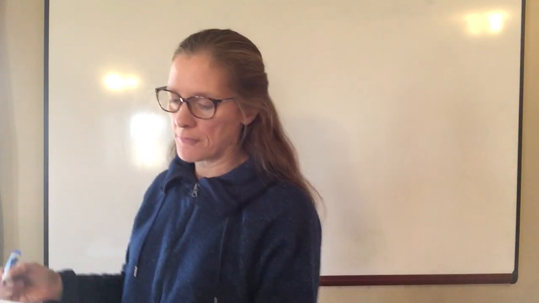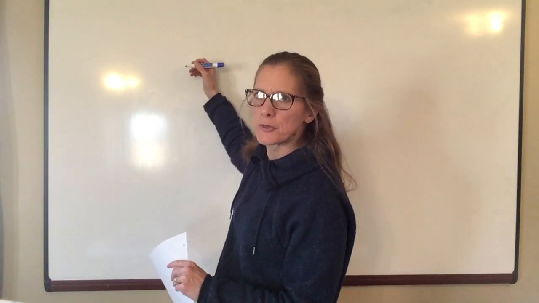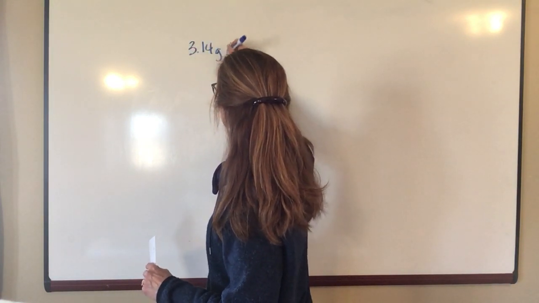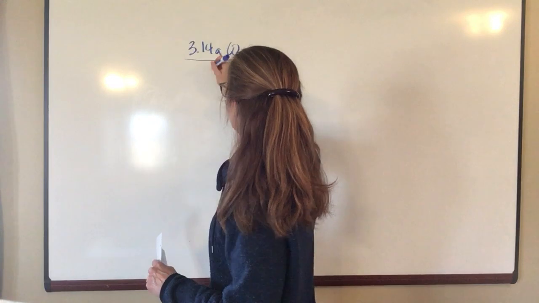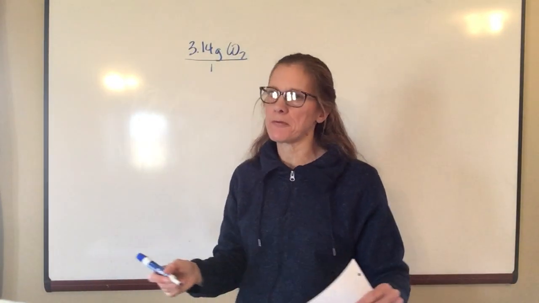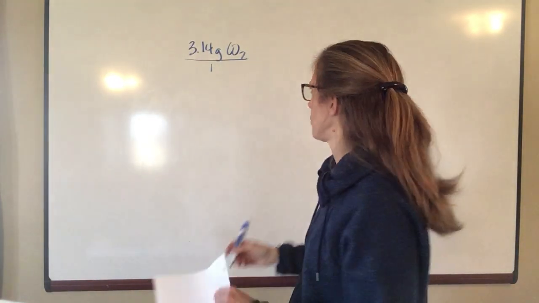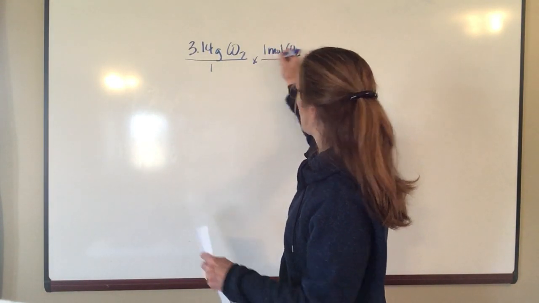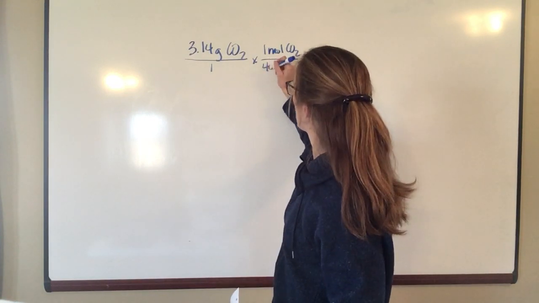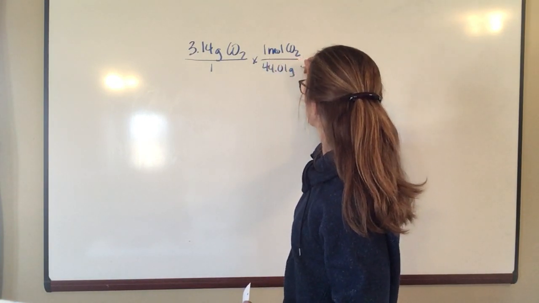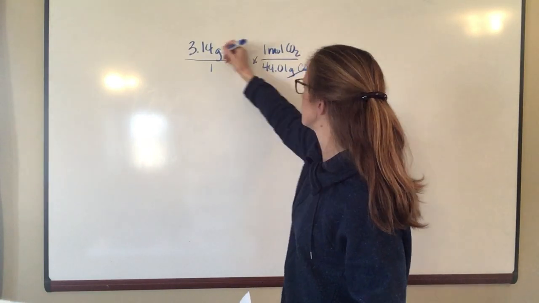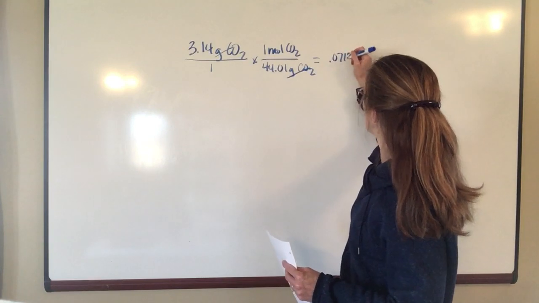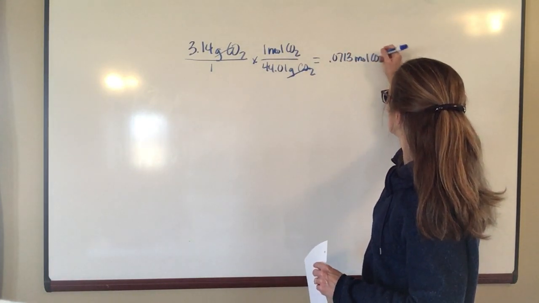They tell you that you produced 3.14 grams of carbon dioxide. And you probably already know, the first thing we have to do is convert that to moles. So for every 1 mole of CO2, I'm going to have 44.01 grams of carbon dioxide. So this will cancel out, and that tells me that I'm going to have 0.0713 moles of carbon dioxide.